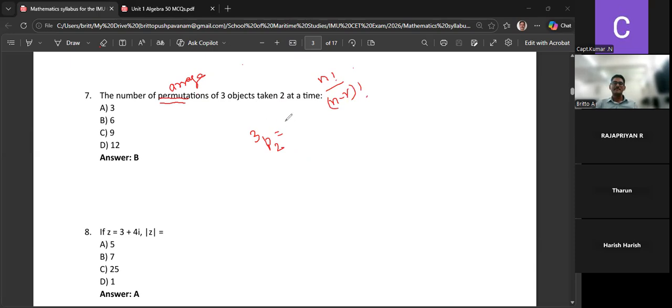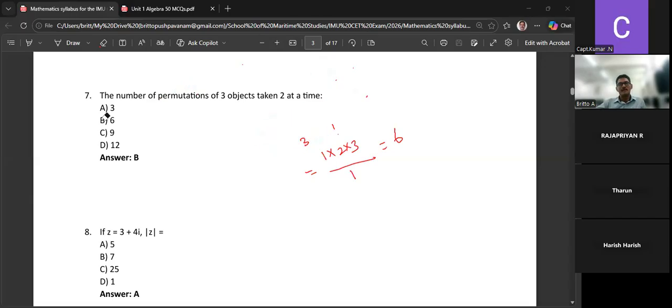Here n is 3, so 3 factorial divided by 3 minus 2 factorial. 3 factorial is 1 into 2 into 3, and 3 minus 2 is 1, so 1 factorial is 1. So you get the answer 6. The number of permutations of three objects taken two at a time is 6. Move on to the next question.